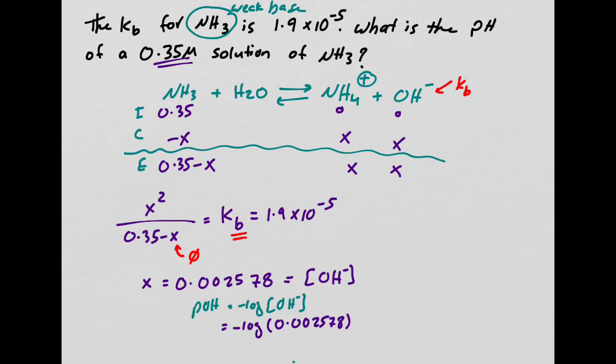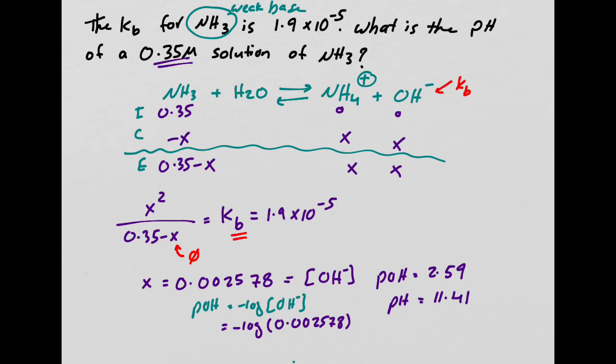When I put it in a calculator, what I end up getting for pOH is 2.59. And again, I subtracted from 14 to get the pH. So the pH would be 11.41.